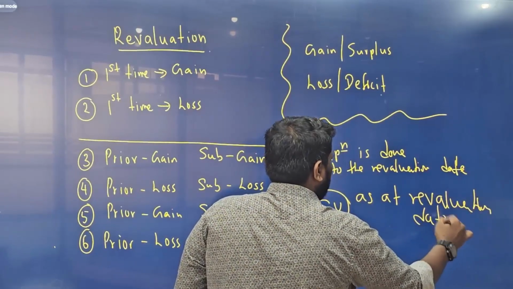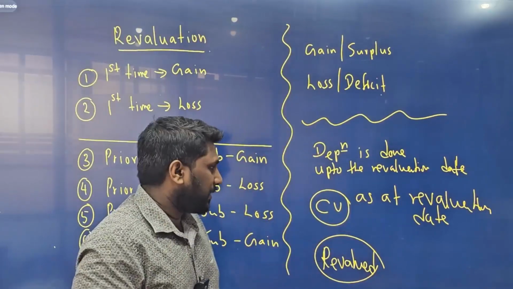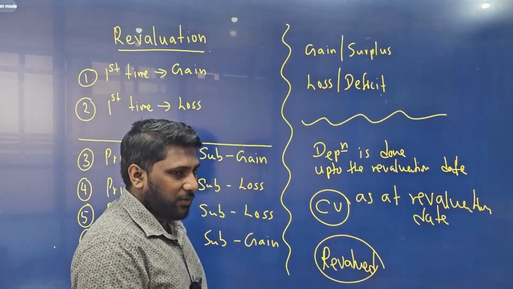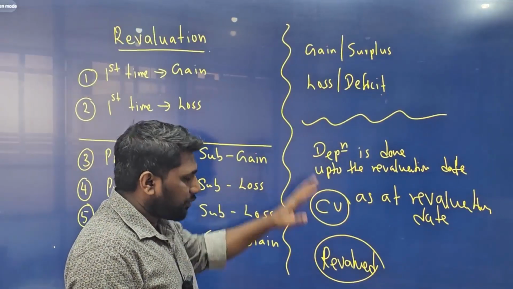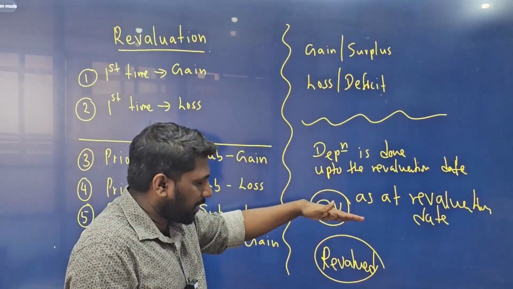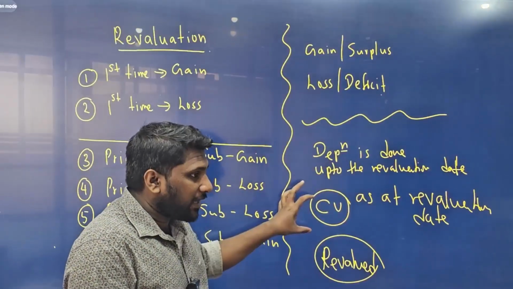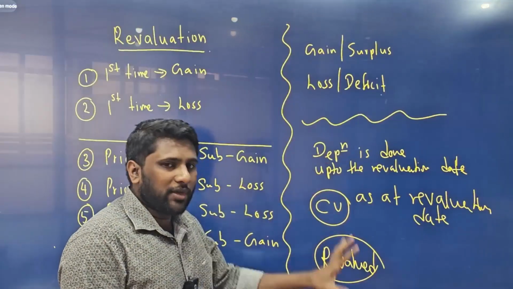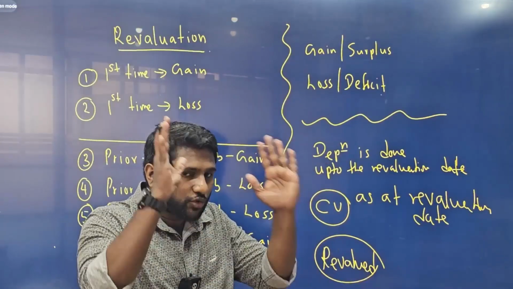This is a part of depreciation. This is not a part of the revaluation. Ensure you have calculated the carrying value of that particular asset when you are doing the revaluation. Ensure to do that first.